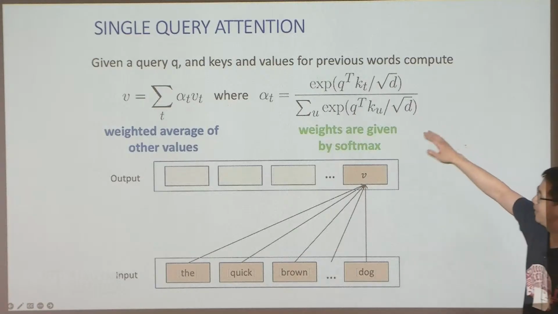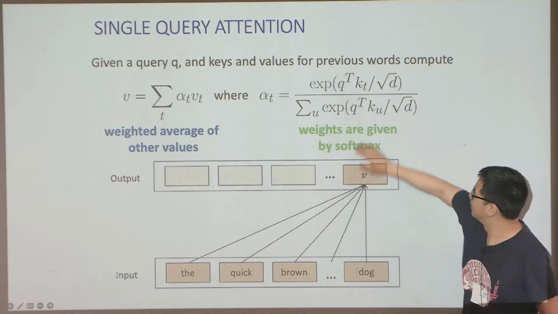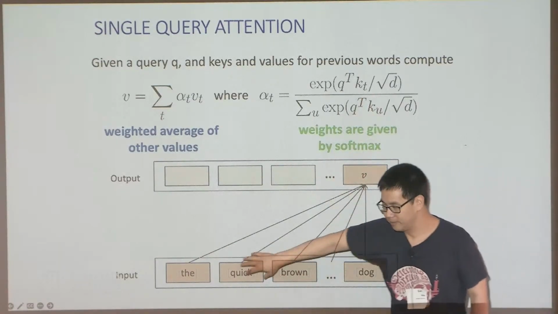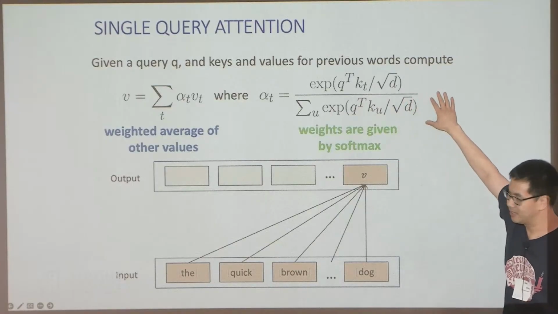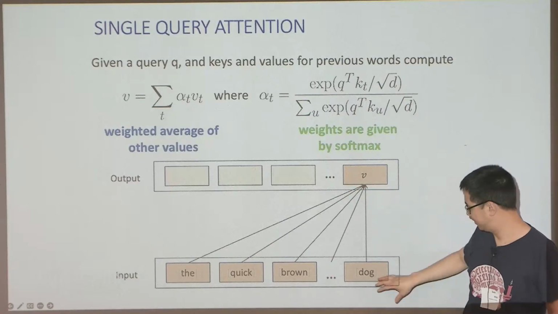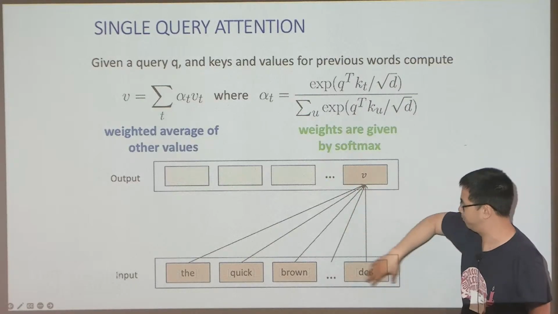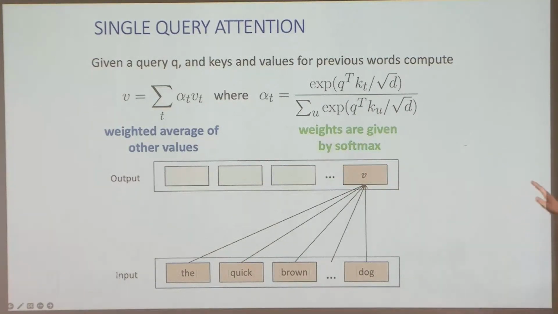This is given by the query representation for this word and the keys representation for all the other words in the sequence, with a softmax transformation, and these determine the weights, these alpha t's, for combining the values associated with all the words into your output. Any questions about this basic operation in self-attention?